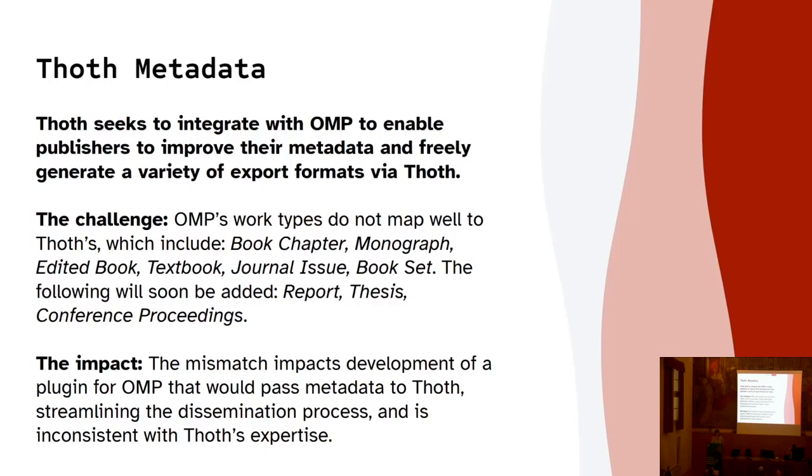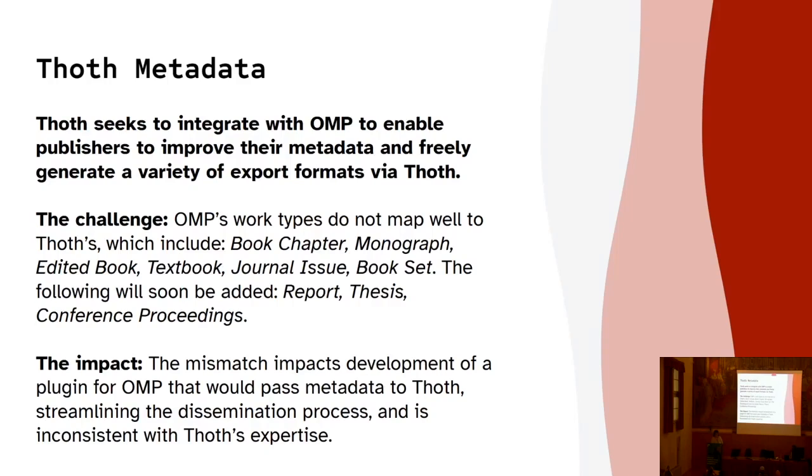When you're trying to integrate 2 systems that have such a different way of categorizing works, and it's a high priority on the Thoth side for it to be categorized in such a way, it's one of the few required metadata elements, we have too much of a mismatch, and so we came together to try and figure it out.